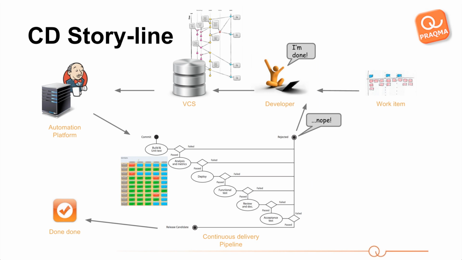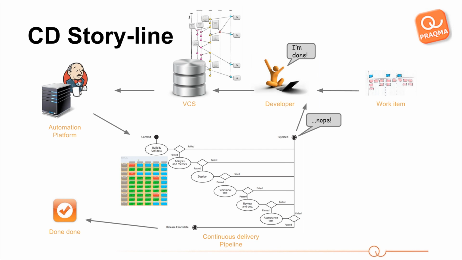The version control system is monitored by your automation platform, which could be Jenkins, Team Foundation Server, the UrbanCode platform, Buildforge from IBM, or Bamboo from Atlassian. It could be anything really that's capable of doing automation. It will pick that information up and kick off the pipeline.